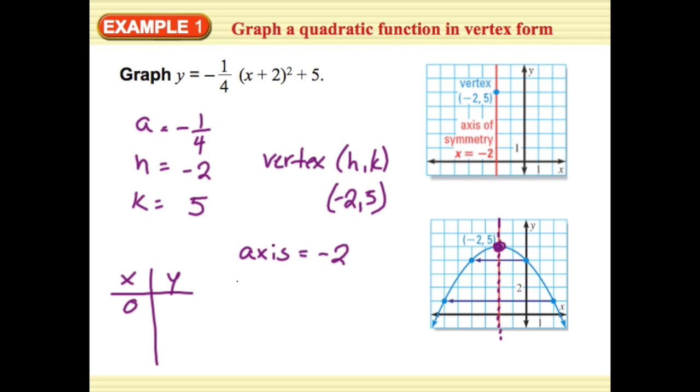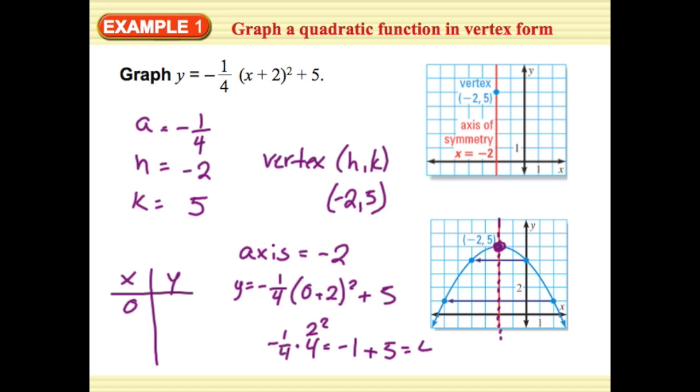I can plug in y equals negative 1/4 times 0 plus 2 squared plus 5. 0 plus 2 is 2, obviously. 2 squared is 4. Negative 1/4 times 4 is negative 1 plus 5 would equal 4. So at 0, my y value is equal to 4. So if I go to my 0 axis and I go up 4, I can plot another coordinate.